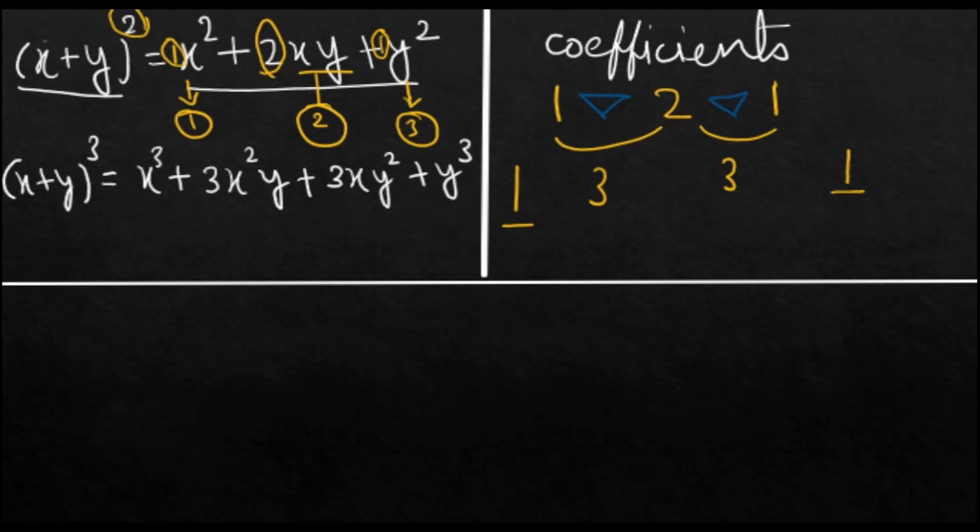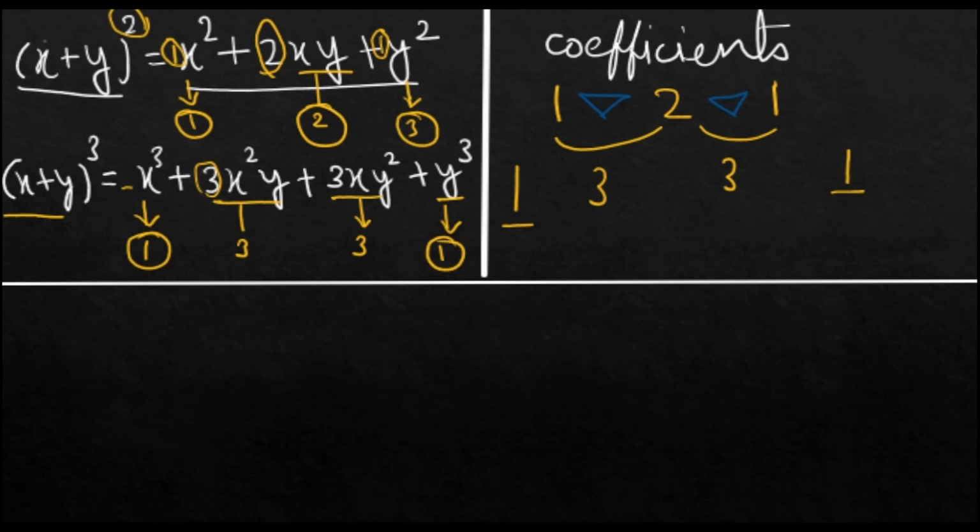Writing the coefficients, for example, in this binomial expansion: at the first term, we have coefficient 1. At the second term, we have coefficient 3. At the third term, again coefficient 3. And at the fourth and last term, we have coefficient 1.